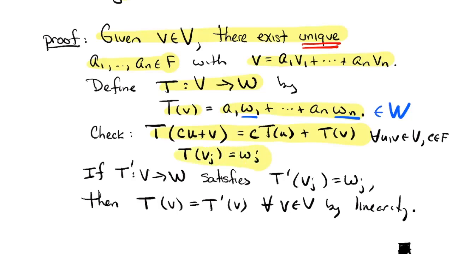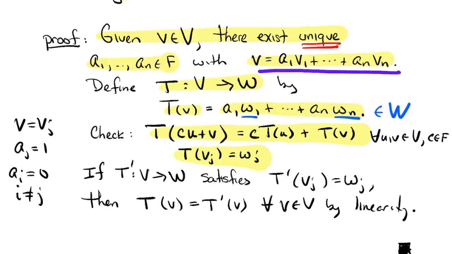By definition, T of vj is wj, because if v equals vj, then you have to take aj equal to 1, and you have to take all the other a's equal to 0. When you go to write a basis vector in this form, you just have to take the coefficient 1 on that basis vector, and kill the rest. So by definition, T of vj is wj. There's our linear map.